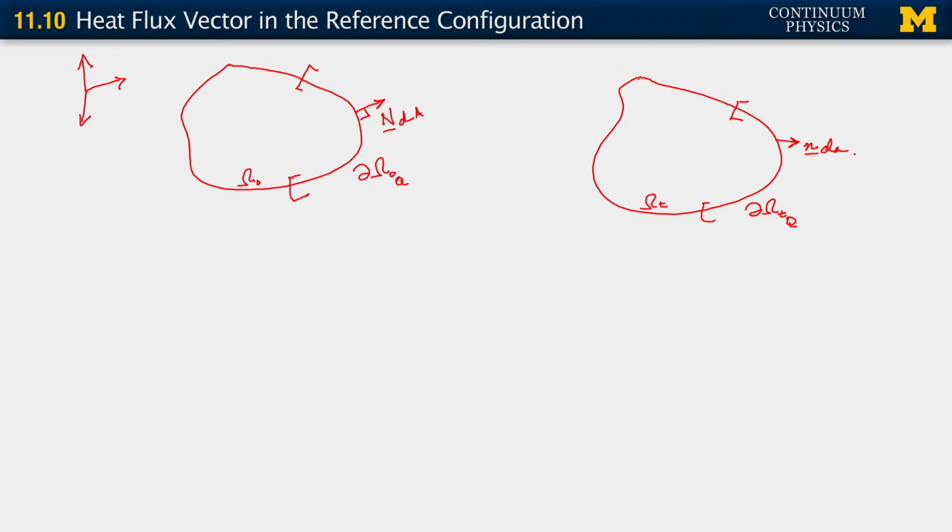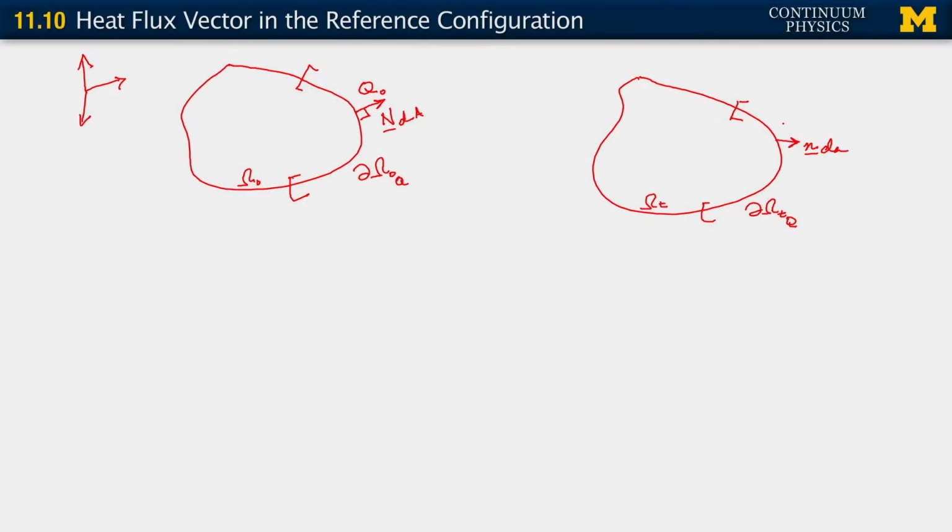What we want to say is that we are controlling the total amount of heat influx here, and let me denote that by writing the letter Q naught. So that is the total amount of heat that we are putting into the body over that area vector capital N dA in the reference configuration.